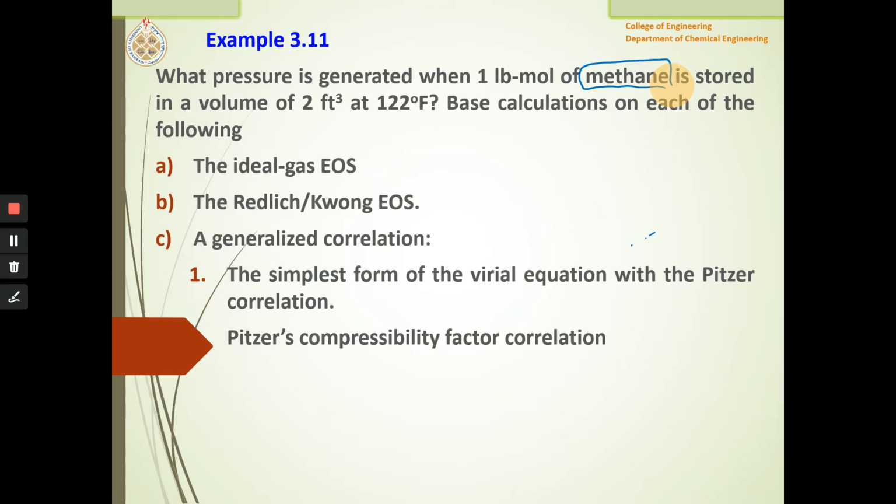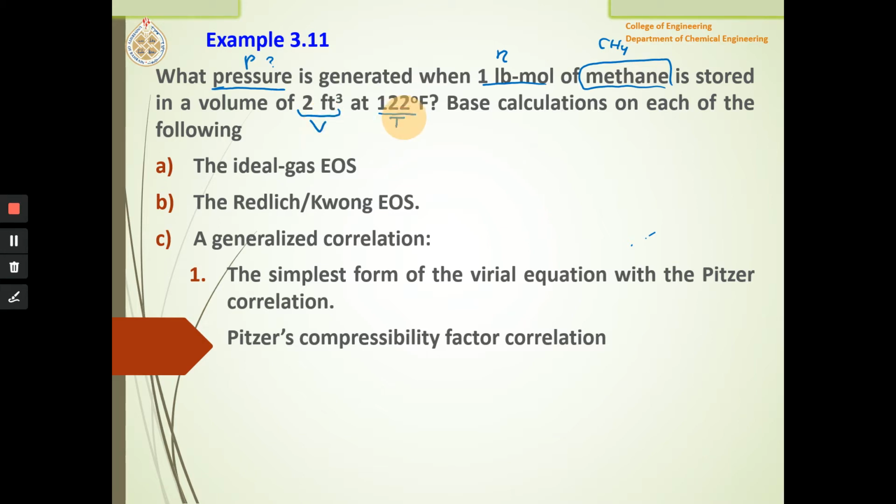Here, they ask for the pressure. What is the pressure generated when 1 pound mole of methane, CH4, is stored in a volume of 2 cubic feet, at a temperature of 122 degrees F?